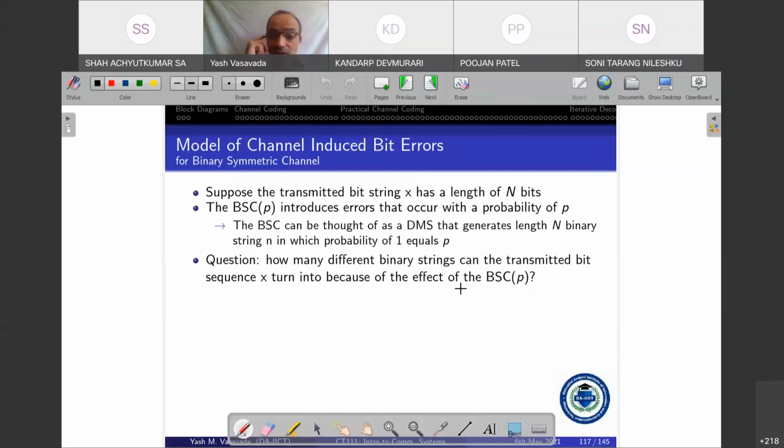If a discrete memoryless source is a binary source in which the probability of occurrence of 1 is equal to P, then what is the entropy of that source?